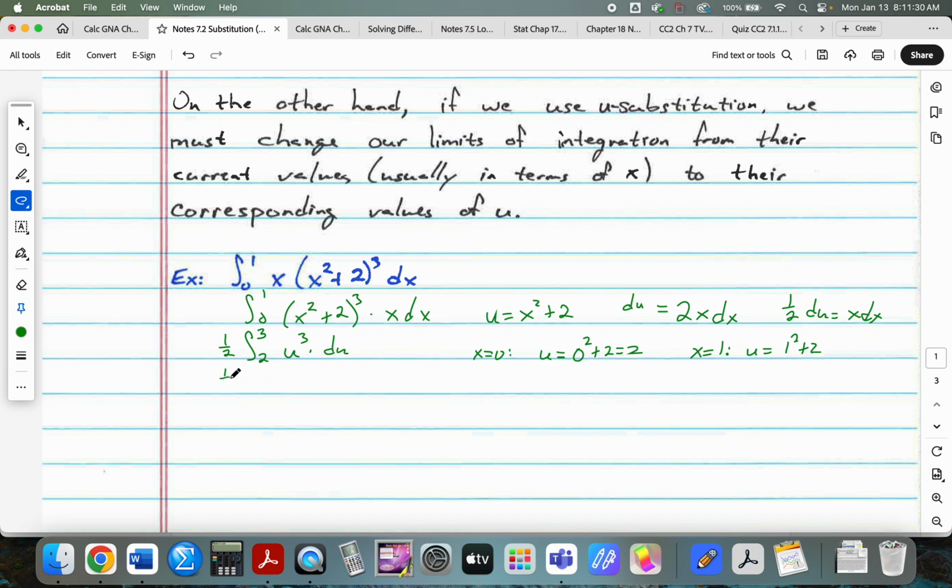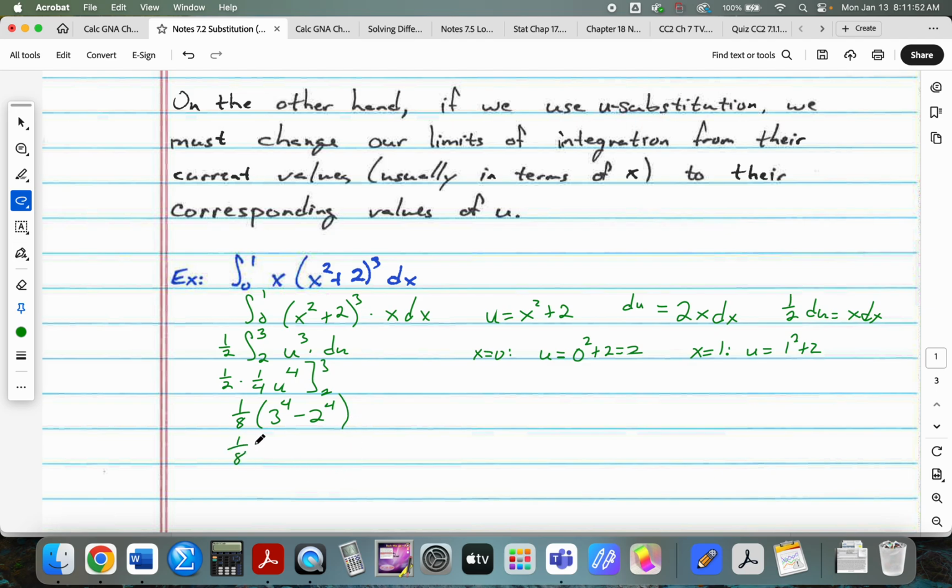So this is going to be 1/2 times 1/4 of u to the 4th from 2 to 3. So that's going to be 1/8 times 3 to the 4th minus 2 to the 4th.